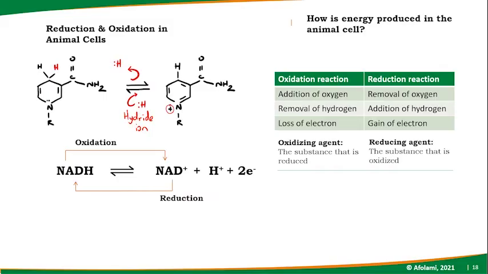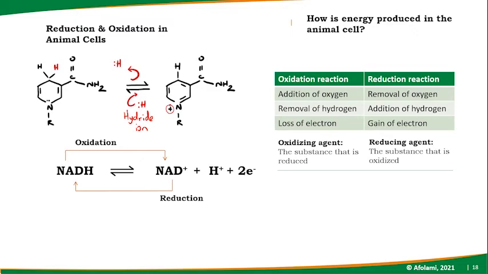So how will NADH here lose its electrons to become NAD plus? So the equation to look at in this structure is the forward reaction. So everything begins from hydrogen.